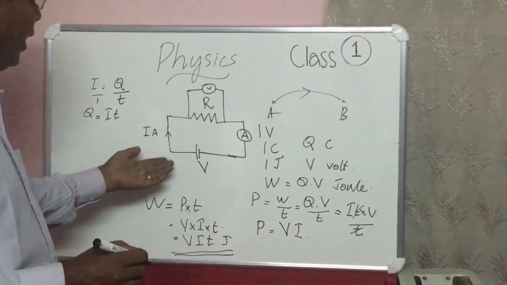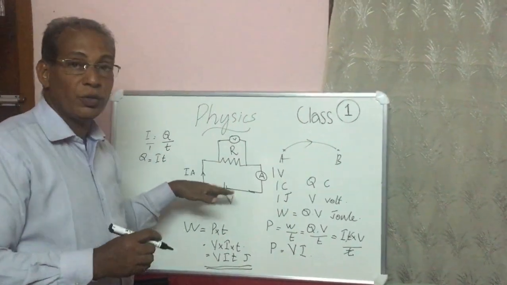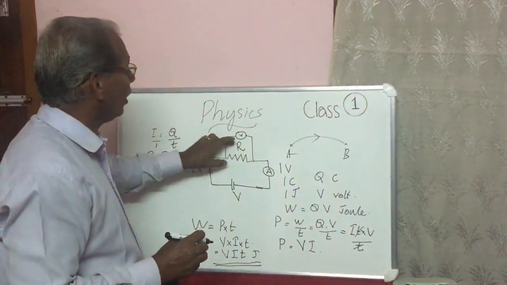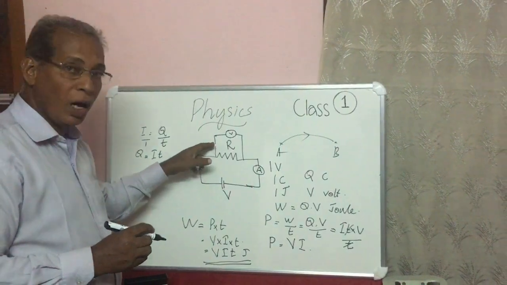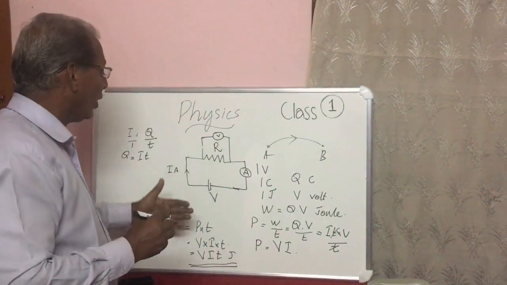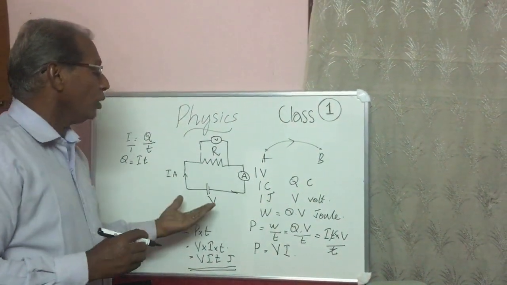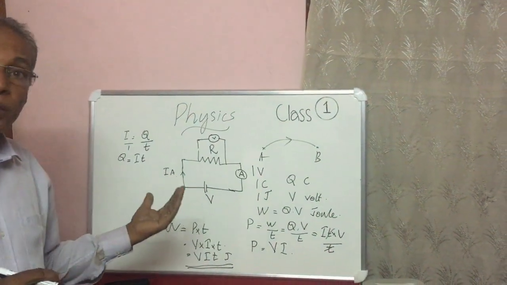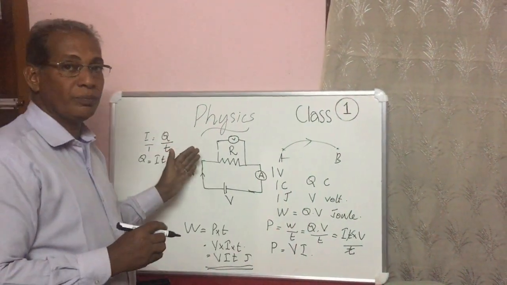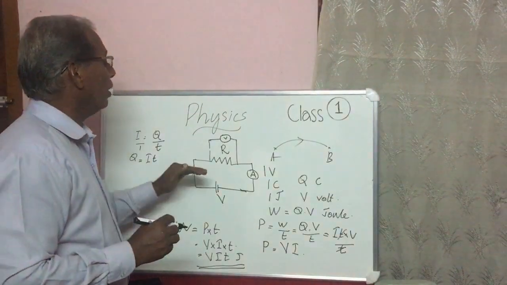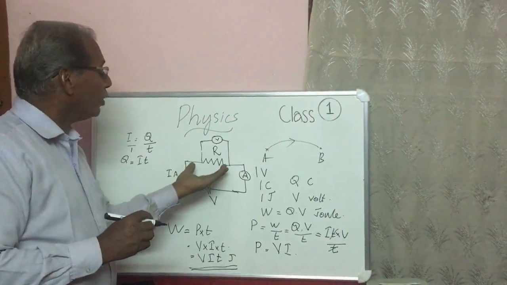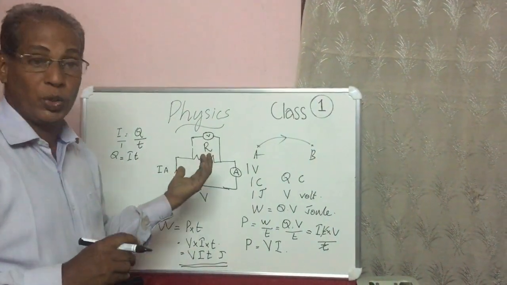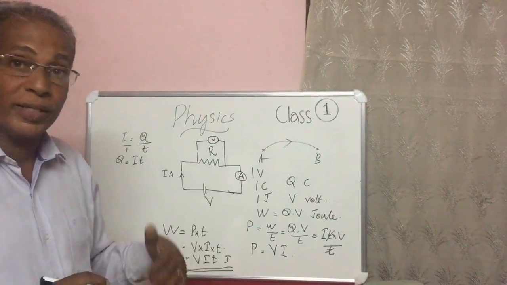This electrical energy is converted into heat energy and is available at the resistance R. This is the theory of Joule heating or ohmic heating in a circuit. The quantitative study of the heat produced is done by Joule's law, which will be dealt with in our next video.